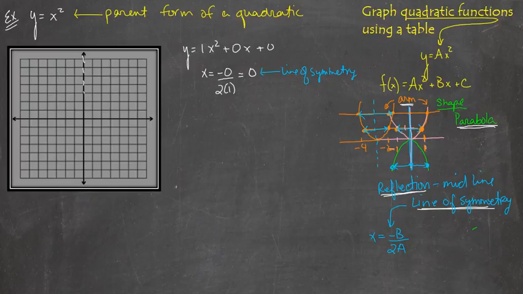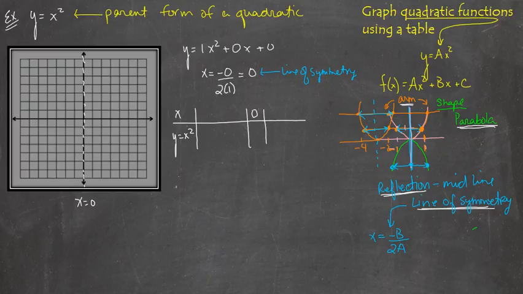The line of symmetry is the line x equals 0. And then I want to make a table of input and output values. At the very center of my table, I'm going to put my line of symmetry input. So when x equals 0, what does y equal?